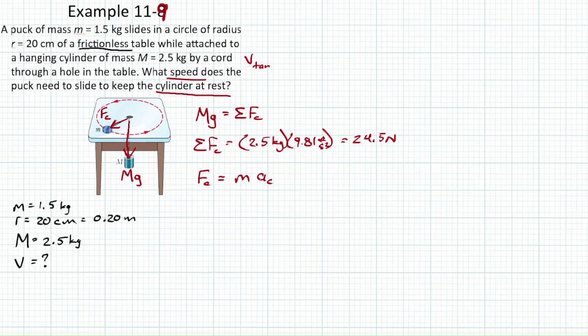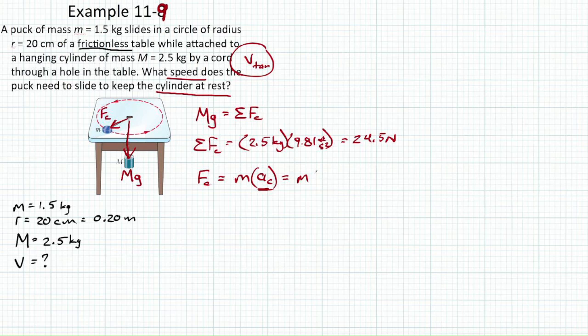F is equal to ma, that's Newton's second law. And we want to find velocity, remember? We could do this in a couple different steps, or we could simply break it down further. How can we state centripetal acceleration in terms of velocity?